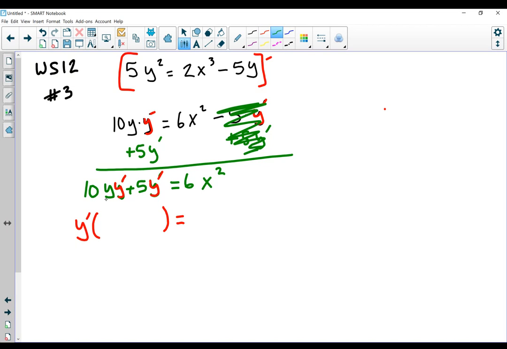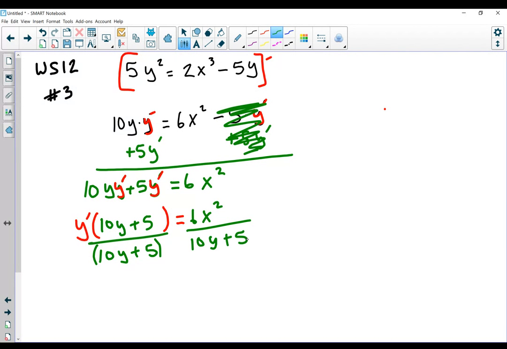When you factor the y prime out, you're left with 10y plus 5 equals 6x squared. And now you can divide by the quantity 10y plus 5.